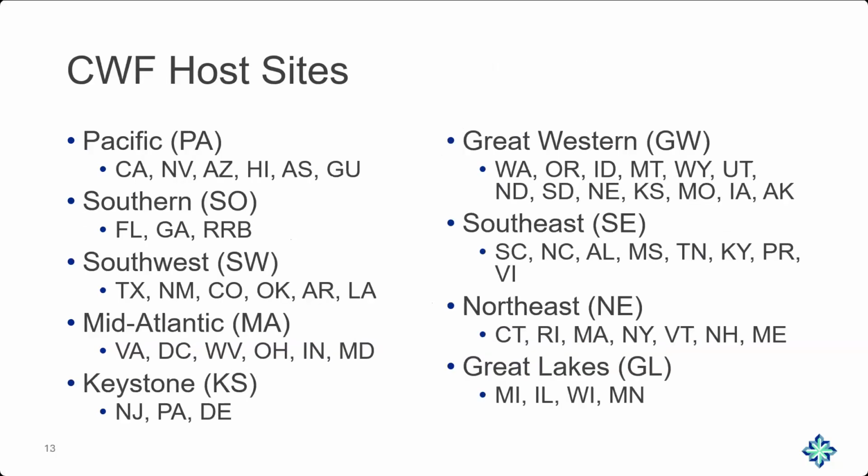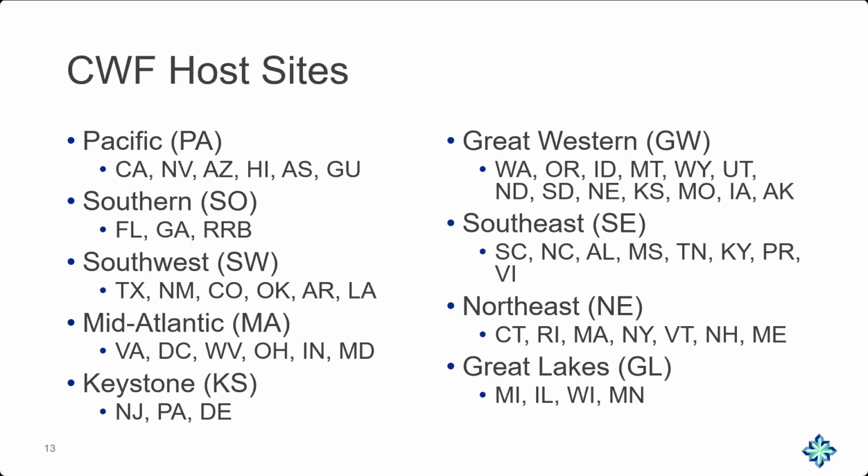So here are those 9 different host sites, along with the states which are included in that site, states and other areas, or territories. I mentioned that a beneficiary is assigned to a site based on where they sign up for their Social Security benefits.